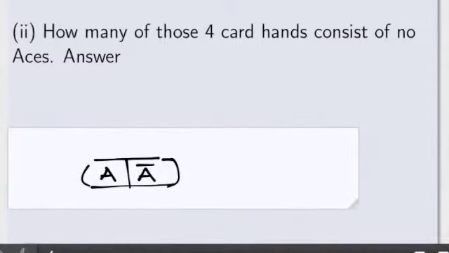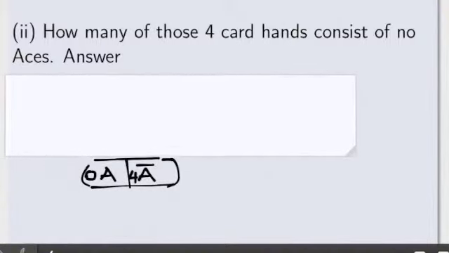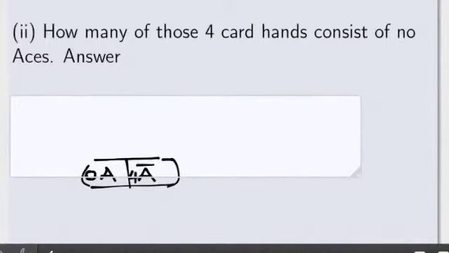So we want how many of those cards. Let's read the question again. How many of those 4-card hands consist of no aces? So we want our subgroup to have 0 aces and 4 other cards, non-aces. So we need to have the same category for our main group.